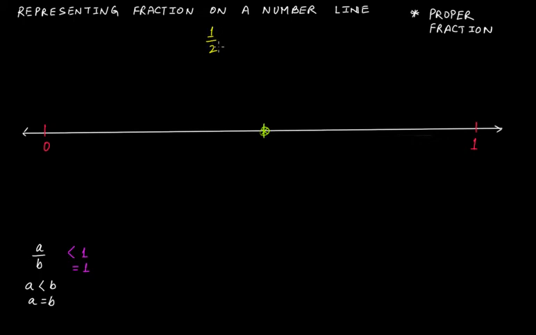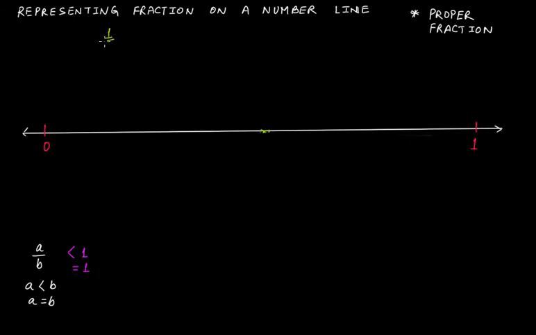That is where 1 by 2 will come. 2 tells you into how many equal parts your line has been divided, and 1 tells you that exact point.